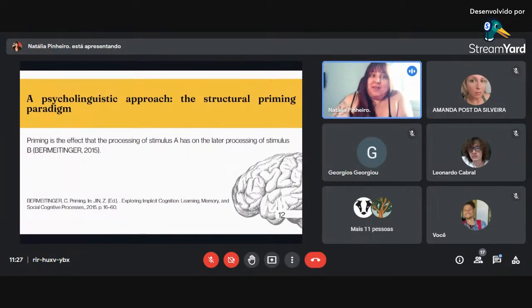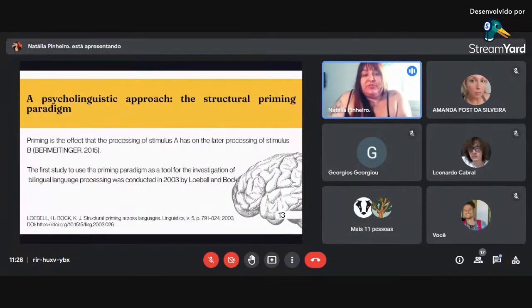We're going to call stimulus A the prime and stimulus B the target. We'll say that a priming effect occurred when the processing of a prime sentence facilitated the later processing of a target sentence. This facilitation can be, for instance, that participants were able to read the target structure faster.